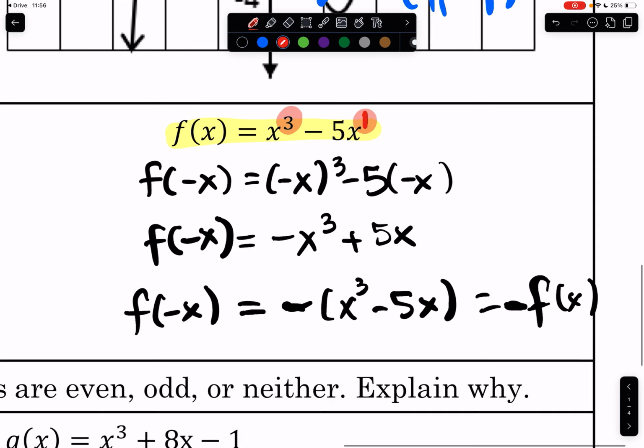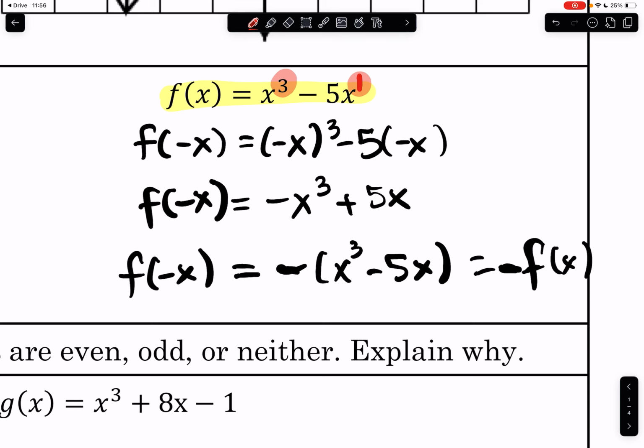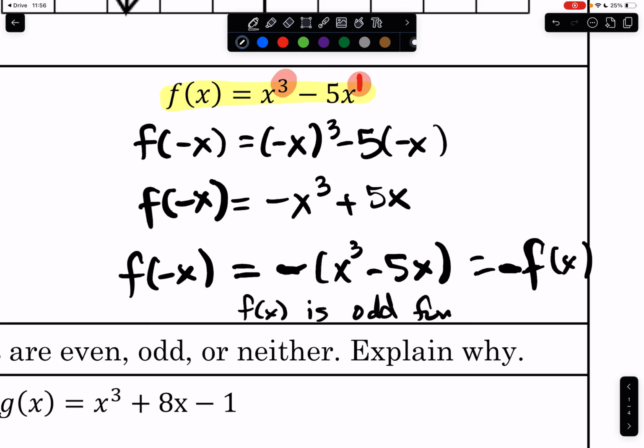Both the number 1 and 3 are both odd numbers. So because both of those are odd numbers, then f of x is an odd function. So this is a very easy way to determine if your functions are going to be even or odd, okay? By simply looking at the exponents.